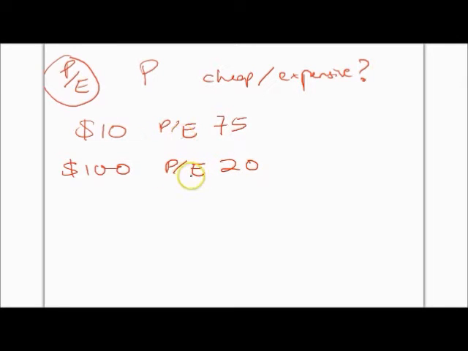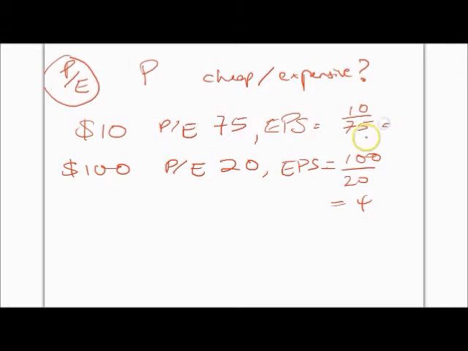The earnings per share of the $100 stock would be 100 over 20, which gives us 4. But in the other case, the earnings per share is 10 divided by 75, which is just $0.133.